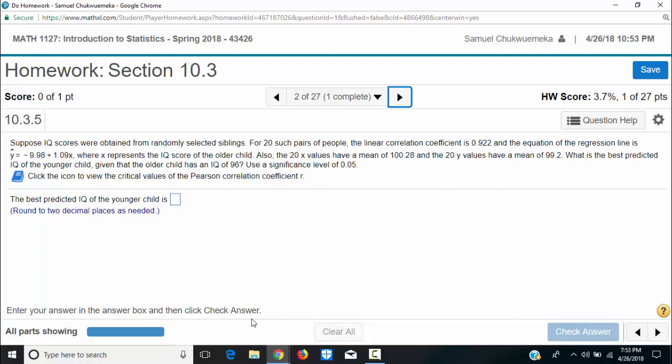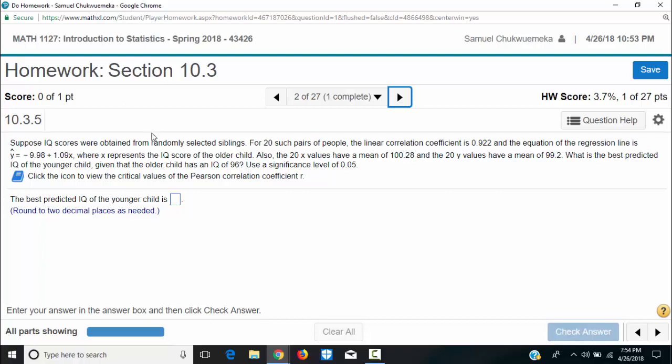Also, the 20 x values have a mean of 100.28, and the 20 y values have a mean of 99.2. What is the best predicted IQ of the younger child, given that the older child has an IQ of 96? Use a significance level of 0.05. 0.05 is 5%.